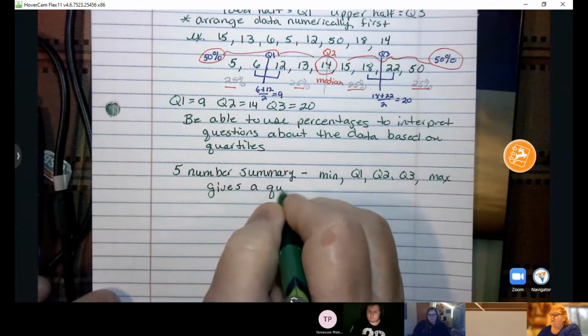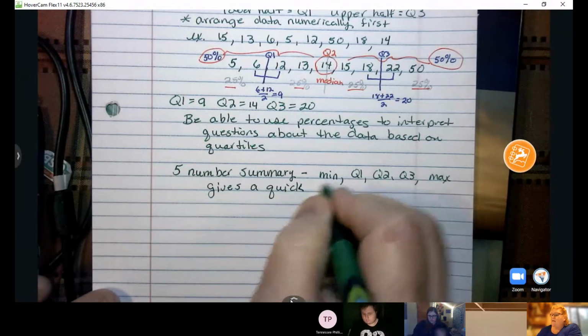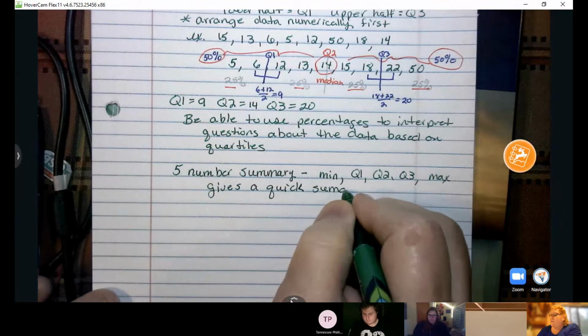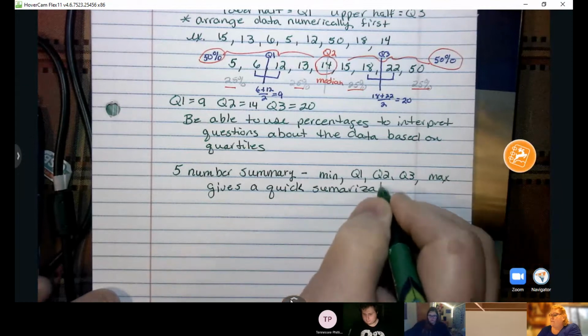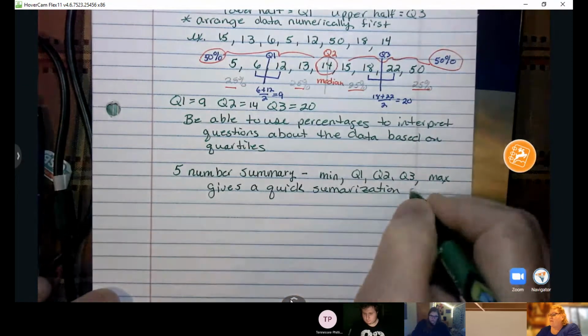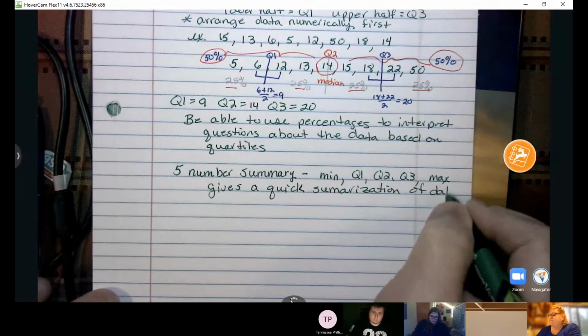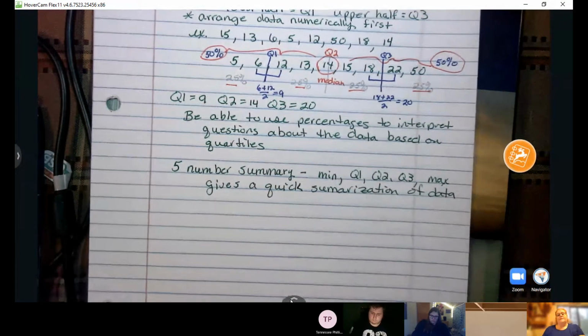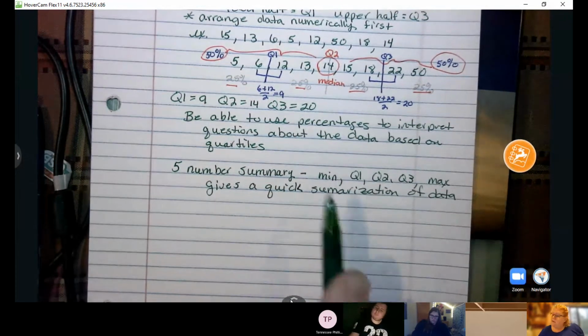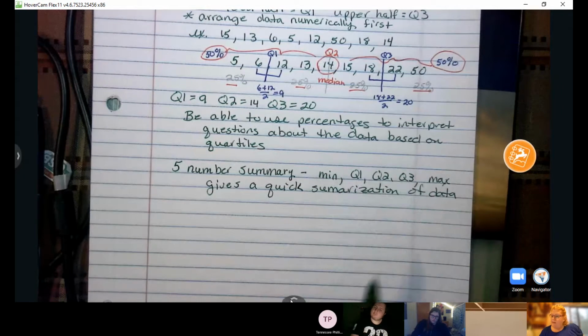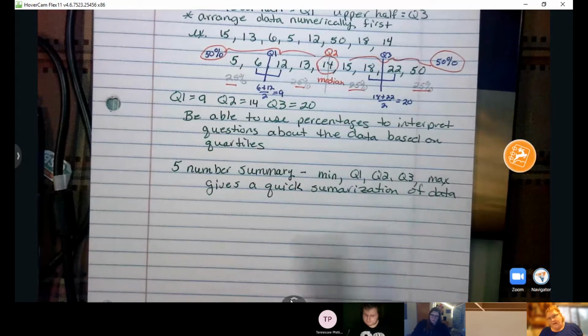And this gives us a quick summarization of the data. And so knowing what goes in the 5-number summary, the order of the 5-number summary is generally always given in that same order, the min, the quartiles, and then the max in numerical order.